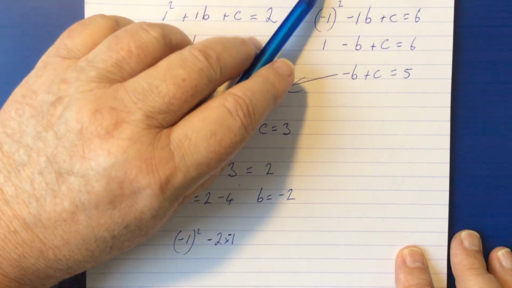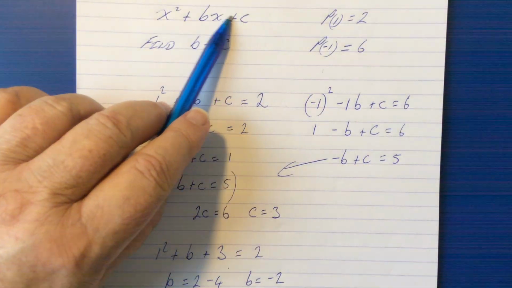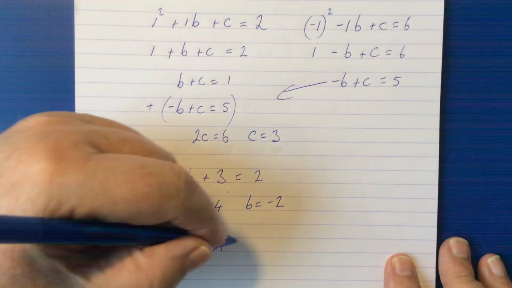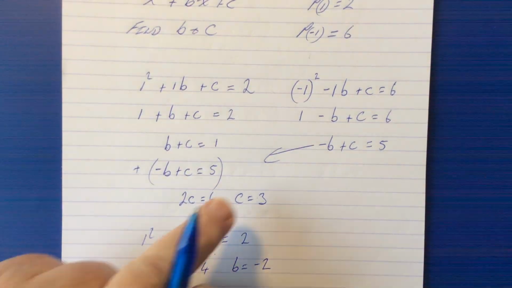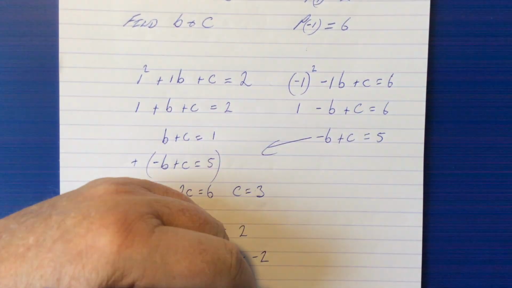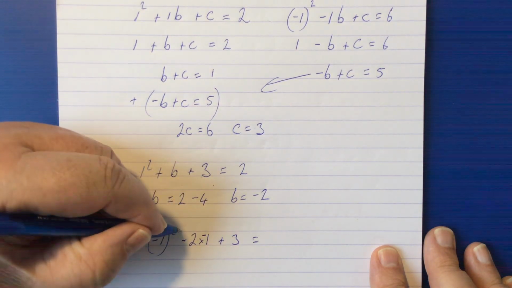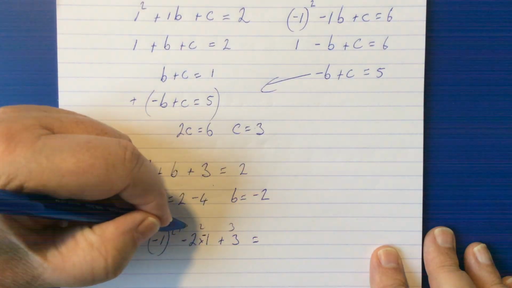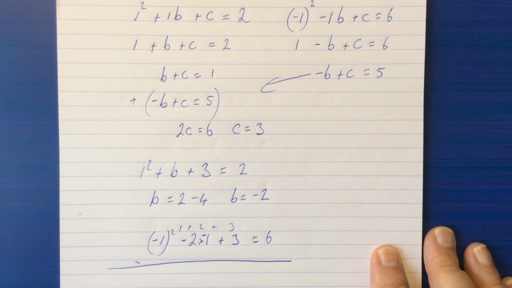So we're again just reminding you, taking this negative 1, popping it into this with the known values of b and c, plus 3. Now according to this it should equal 6. So let's just see what we get. For this we get 1, we get 2, and we get 3, and we add those together, and that gives us 6. That is this problem solved, and that is how it is done.